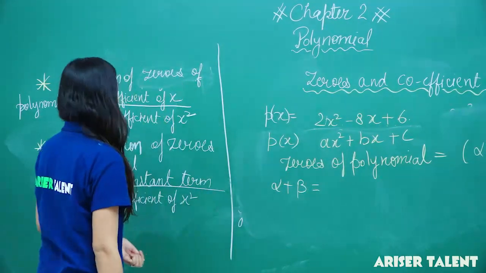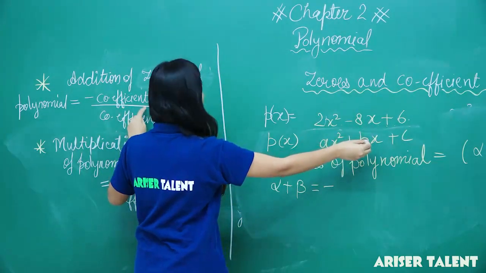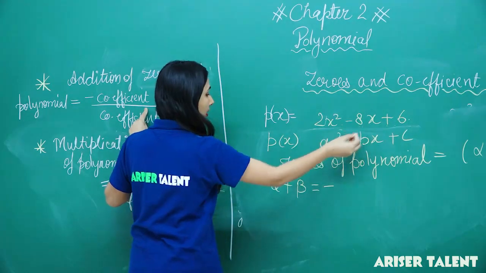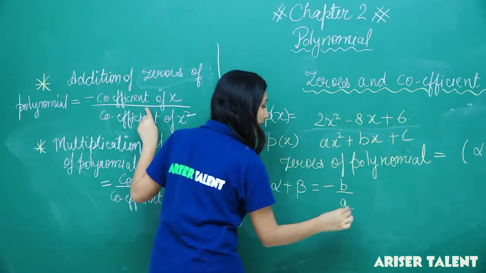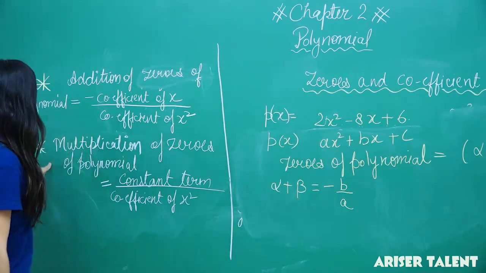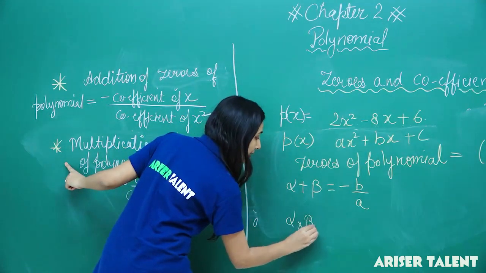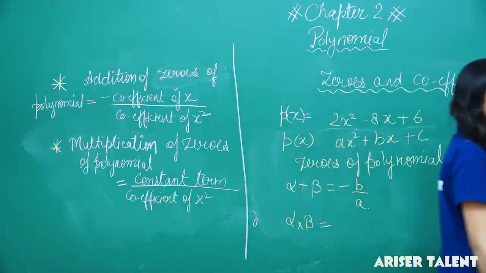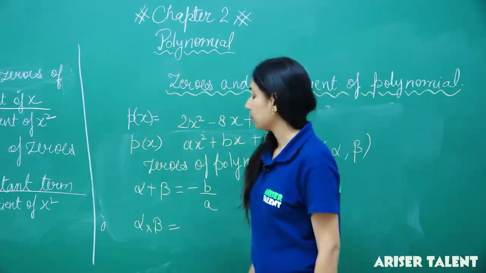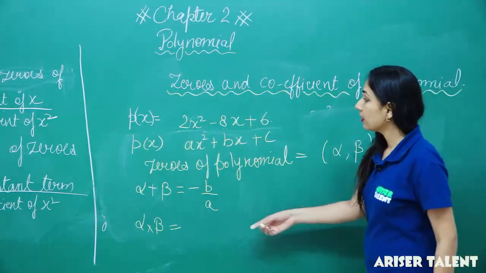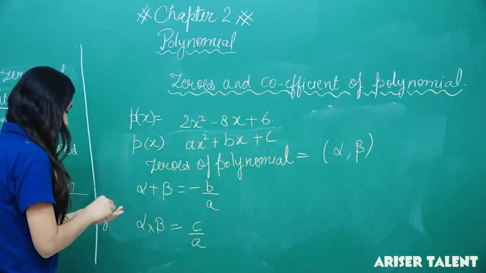Alpha plus beta equals minus of the coefficient of x, that is minus b by a, and the multiplication, alpha multiplied by beta, is c by a.